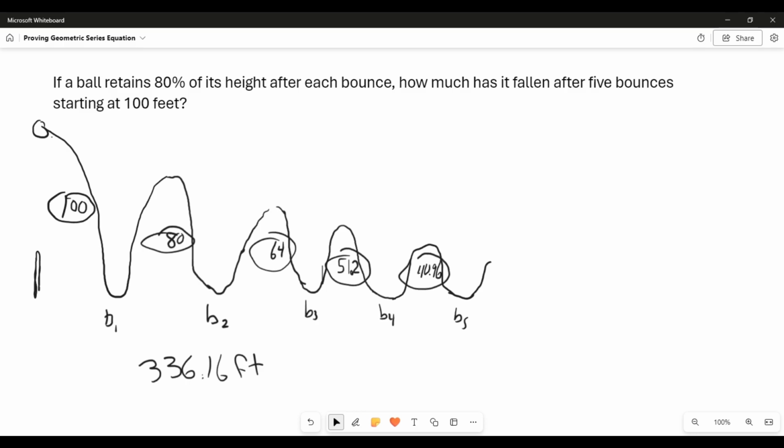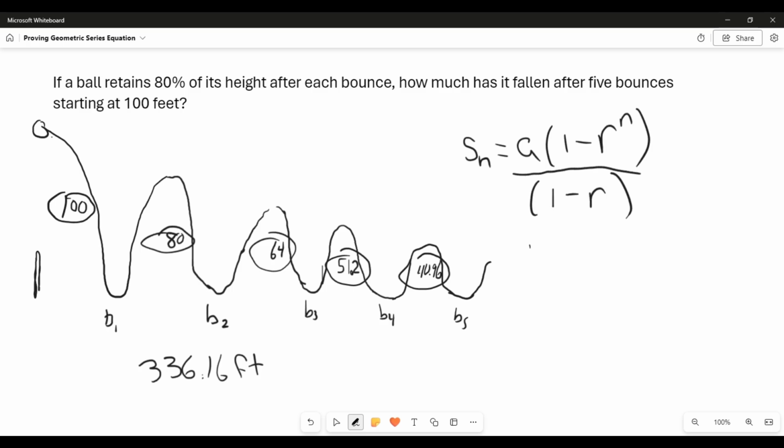Now, another way is to use the formula we had just proven, which would make this one actually faster. You start with the A, which is the 100, times 1 minus the ratio, which is 0.80, since you're multiplying by 0.80.